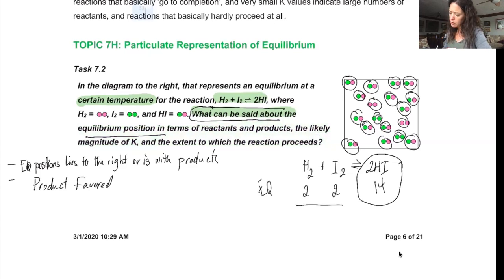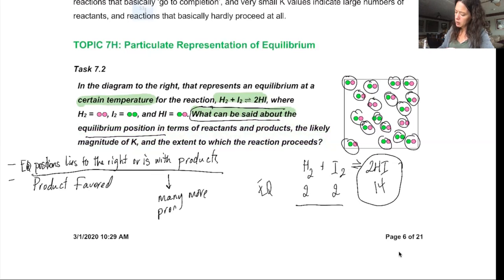So equilibrium lies to the right. It is with the products, as there are many more products present than reactants, right? I told you I was kind of like, why are they asking us to do this? I guess to make sure you can look at a visual.